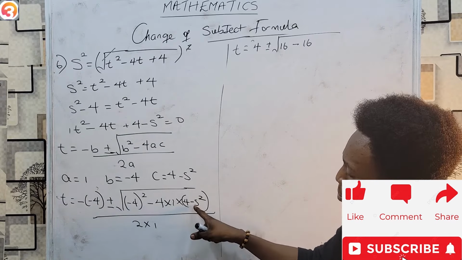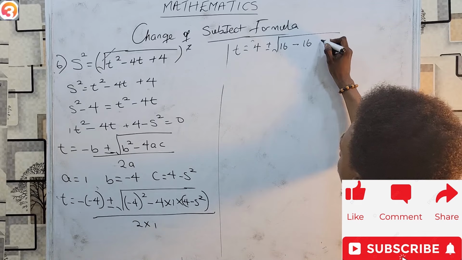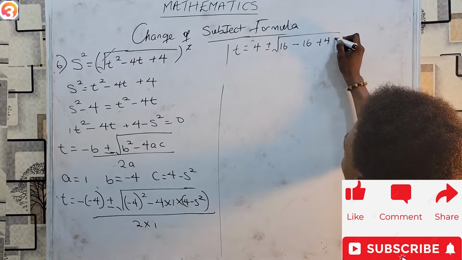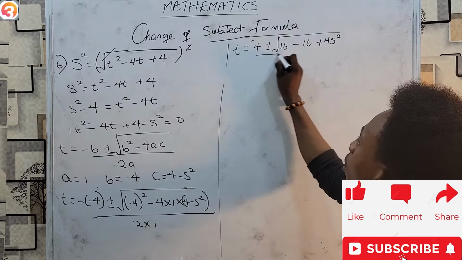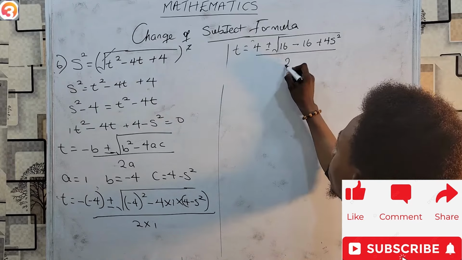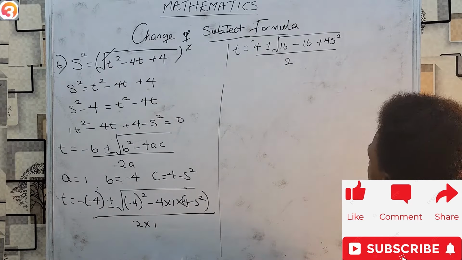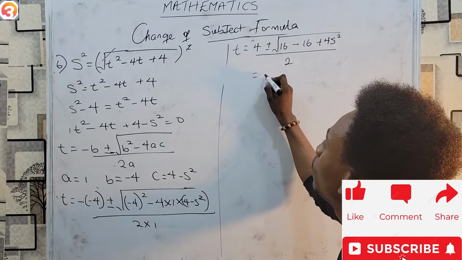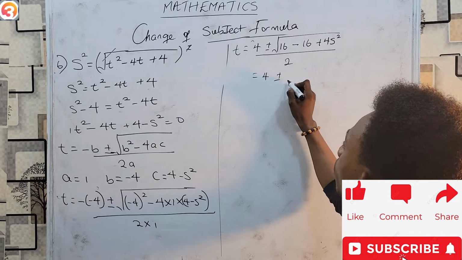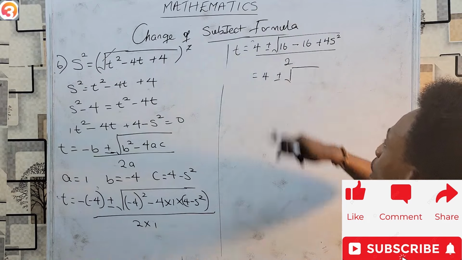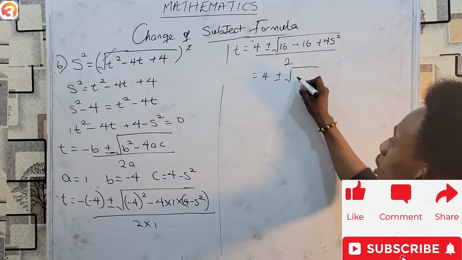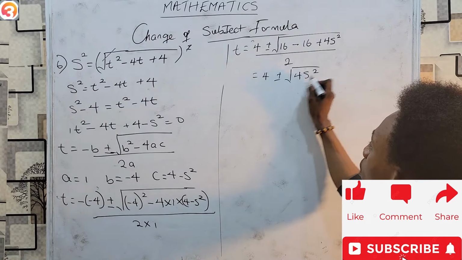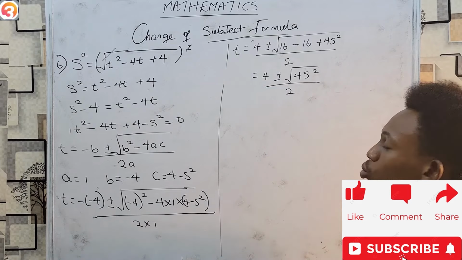Minus 4 times minus s squared, that will be plus 4s squared, all over 2 times 1, 2. Now I already know 16 can subtract 16, right? That's basic math. So that will give me 4 plus or minus 16 minus 16 is 0, so that's gone. Left with 4s squared all over 2.